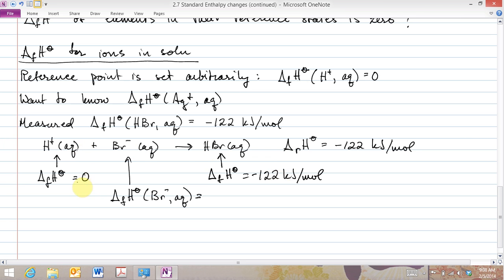So we've got 0 plus this equals negative 122. Well, that means that this standard enthalpy of formation must also be negative 122 kilojoules per mole, because that's 0. So both sides equal each other.